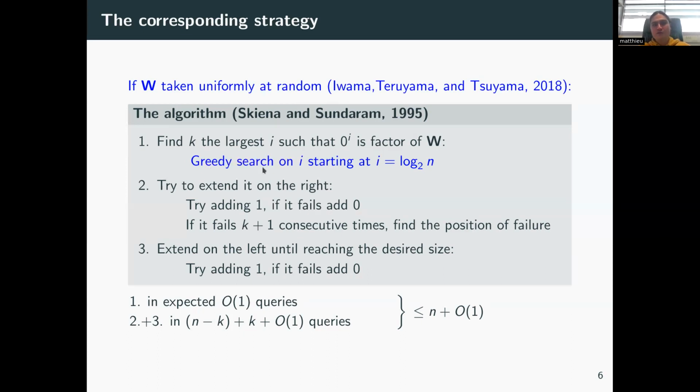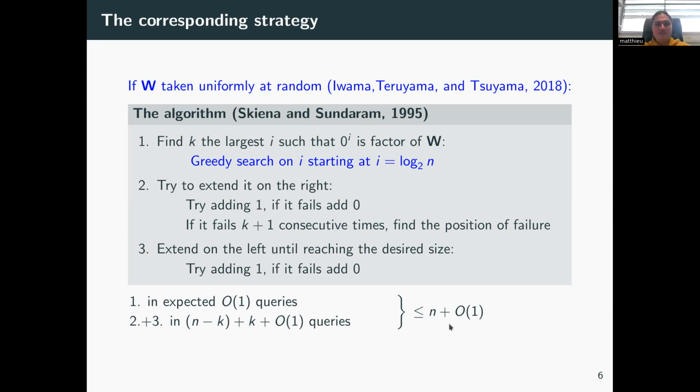So if you just do a greedy search, you start at log n, and if it tells you that there is a block of 0 of this size, you try log n plus 1 and then log n plus 2. Then the number of queries you will need to find the length of the largest block of 0 is actually going to be constant. It's bounded by 4 in expectation or something like that.